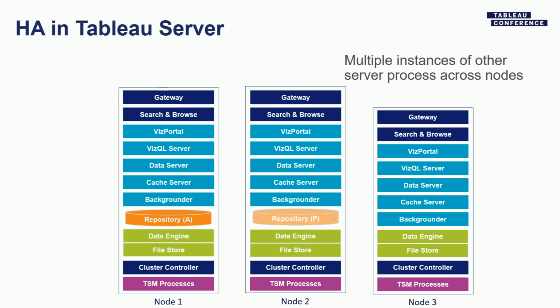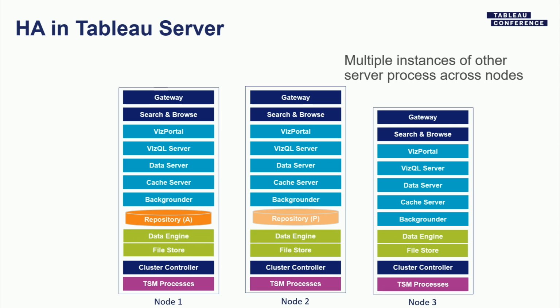So I've gone ahead and added this set of processes across all the nodes in the cluster. And now, if I lose any particular node in the cluster, I know that I still have another instance of that process running somewhere else. I can actually go a step further on this.